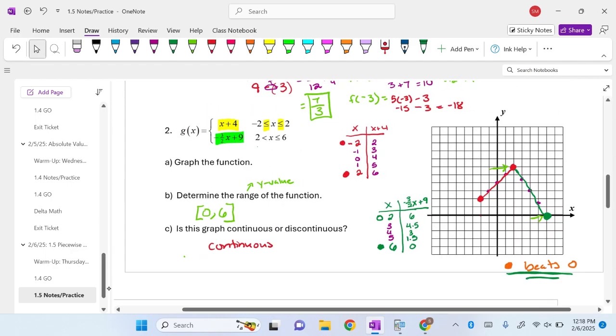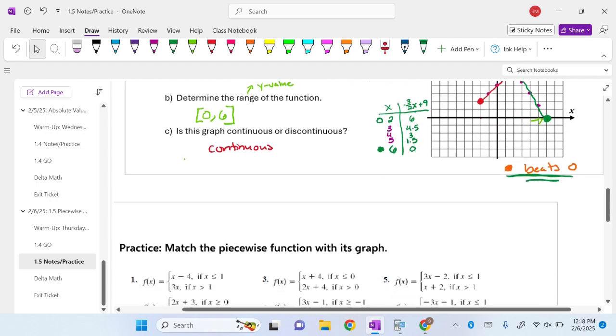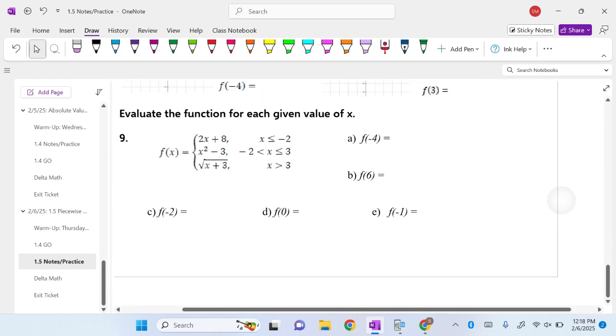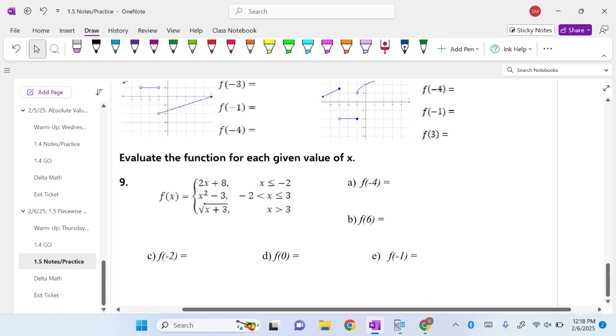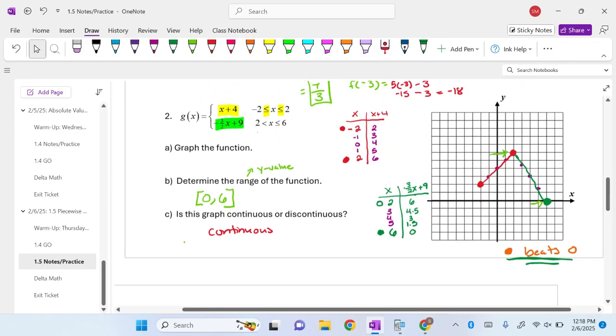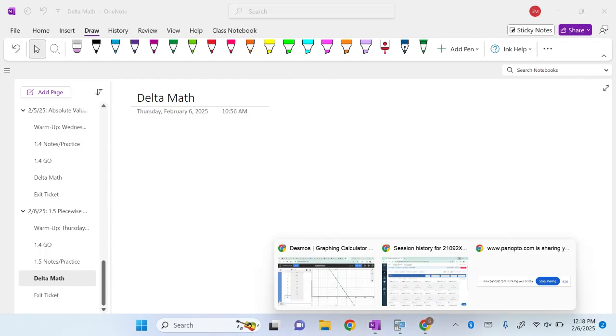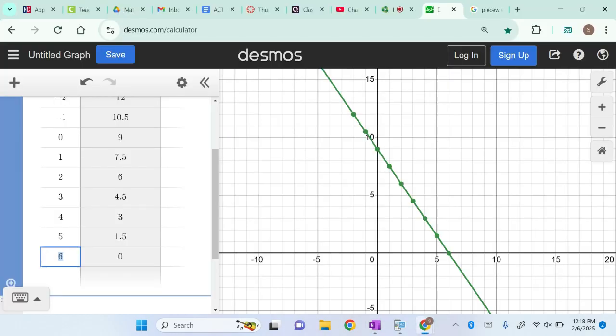So for the rest of class, your packet work is page, what's the next page? 29? So page 29 is your packet work for 1.5. And then you're working on the same Delta Math from yesterday. So the 1.4 through 1.6 Delta Math. You should now be able to do any of the ones that say anything piecewise functions.